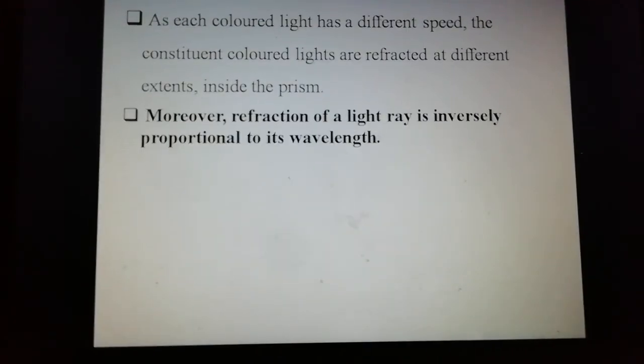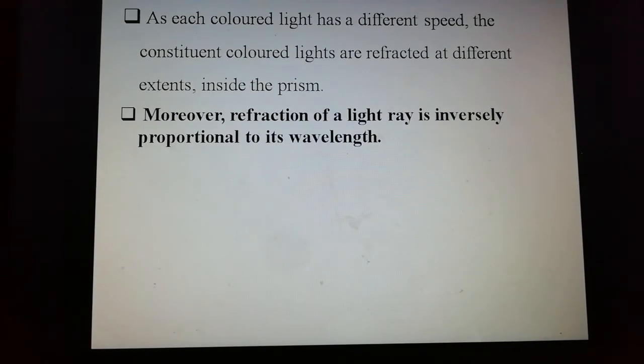Top side violet, bottom side red. So it is concluded that refraction of a light ray is inversely proportional to its wavelength.